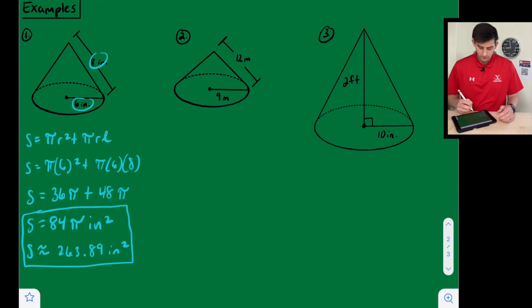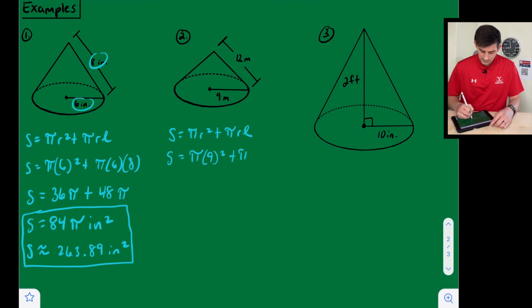All right, for number 2, we're going to do the same thing. So S is equal to pi r squared plus pi rl, and we're going to plug in our information. So S is equal to pi, our radius here is 9, and our slant height is 12. So we get S is equal to 81 pi plus 9 times 12, and we get 108 pi.